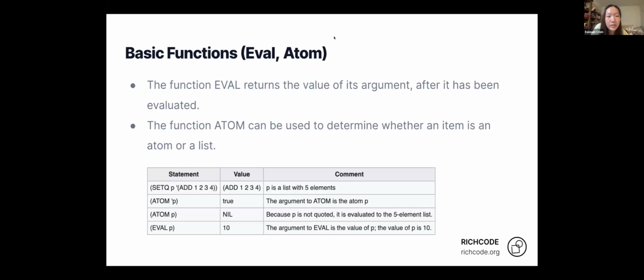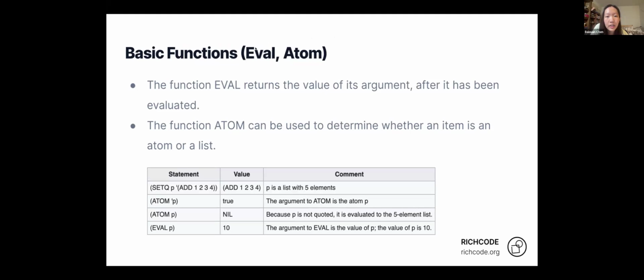So then next we have basic functions like eval and atom. The function eval returns the value of its argument after it's been evaluated, and the function atom can be used to determine whether an item is an atom or a list.